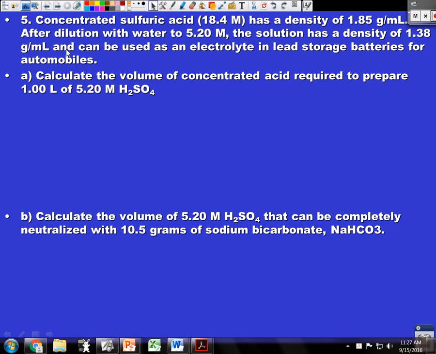Would you agree? So here's my question. The original concentration was 18.4. Let's think about this. What is the definition of concentration, or molarity? Moles per liter. Density is grams per liter. So the only difference is that we look at density as a mass unit, and we look at molarity as a mole unit.